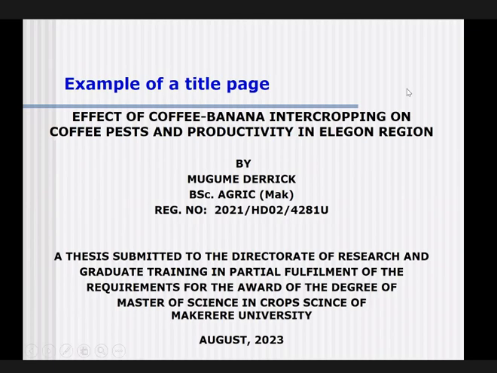I have an example here of the title page for the thesis. So the first is the title of the thesis. For example, effect of coffee banana intercropping on coffee pests and productivity in Elgon region.